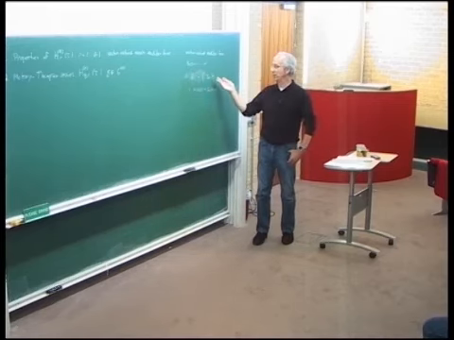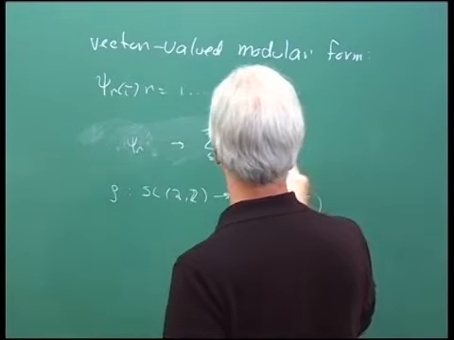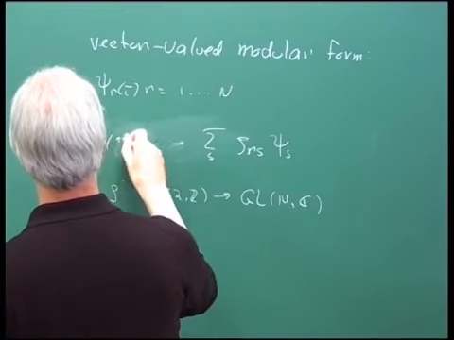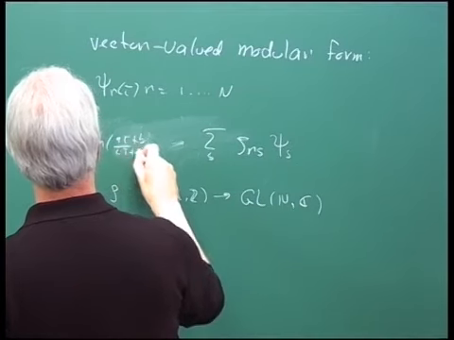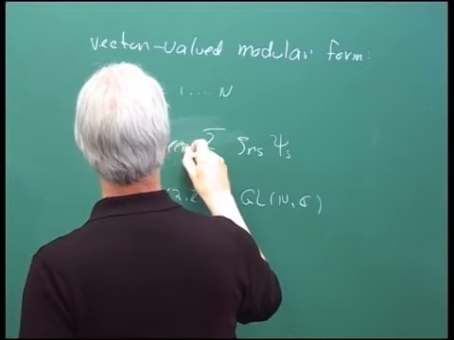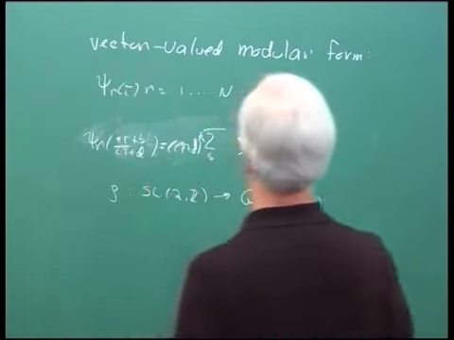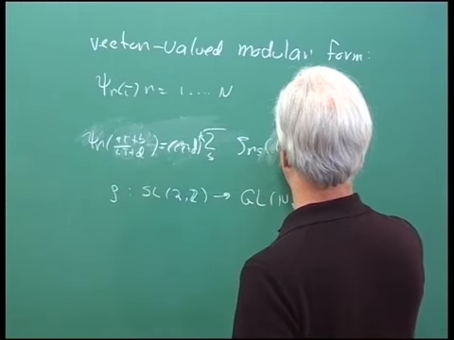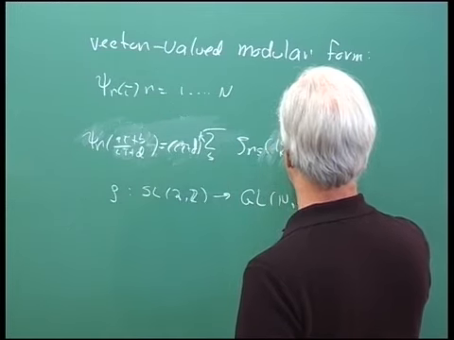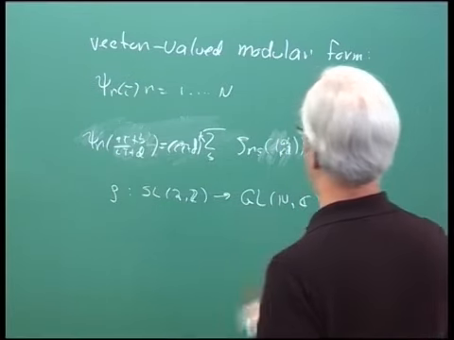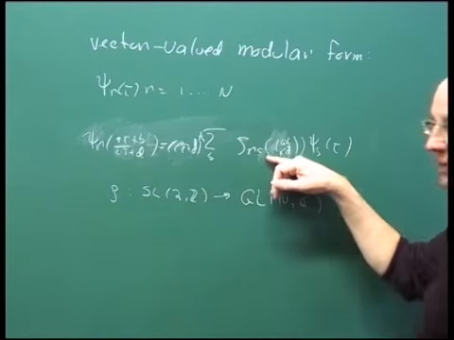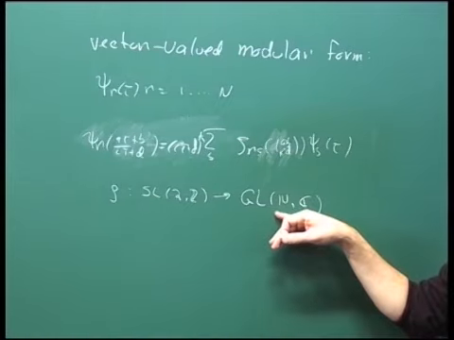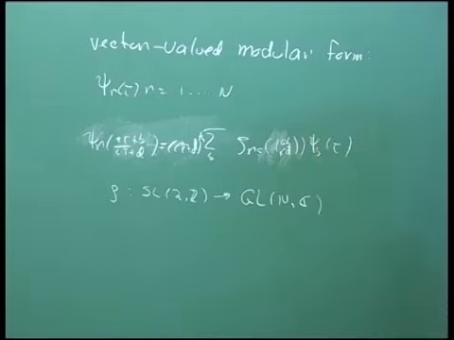And then they transform as a modular form. Oh, I see. The factors in front as well as this linear combination. Right. So for each element of SL2Z, I get some n by n matrix, so I choose a representation of SL2Z, some n-dimensional representation.